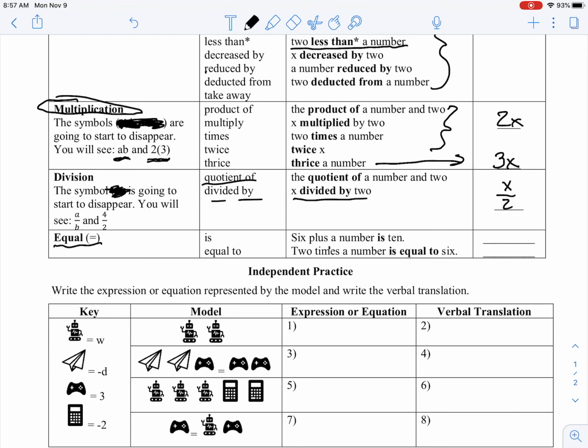And then finally we have equals, so pretty easy to see. We have is, as in 6 plus a number is 10, and equal to, as in 2 times a number is equal to 6. The first one, 6 plus a number is 10: we'll have 6 plus some number x we don't know is 10. That one's pretty easy. We do know it, but we want to follow our sentence, and therefore we don't know the number from the sentence.